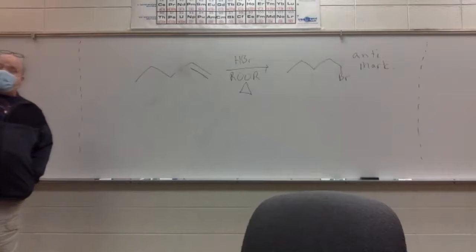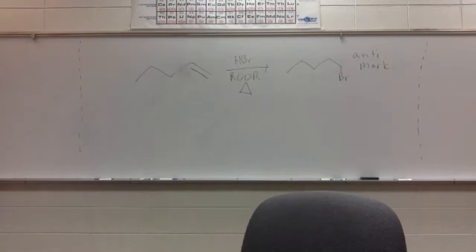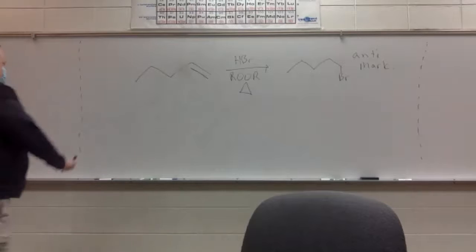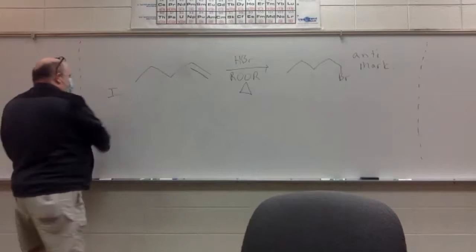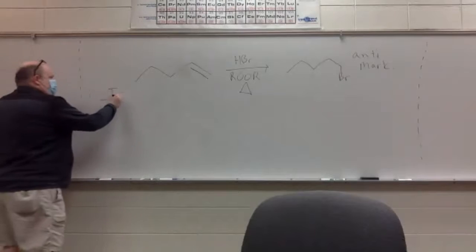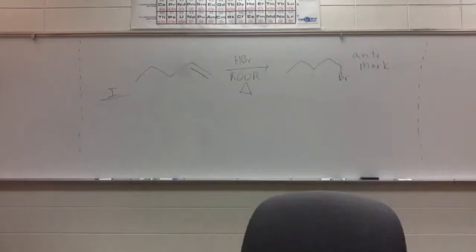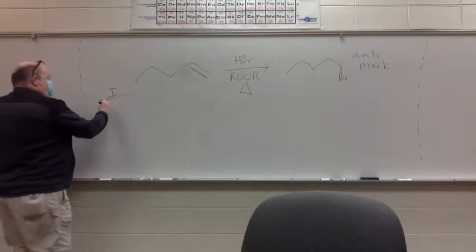Now, as far as the actual mechanism goes, any radical mechanism has 3 stages. What's the first one? Initiation. Your goal in initiation is to produce your halogen radical, and in this particular case, that requires 2 initiation steps.